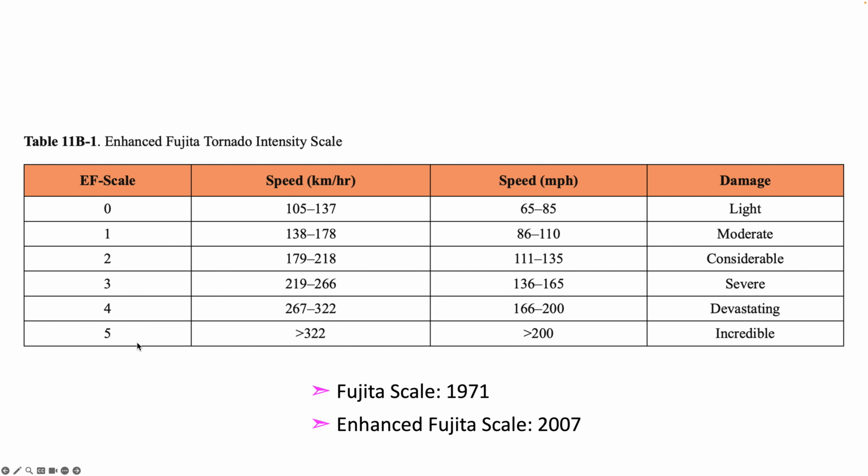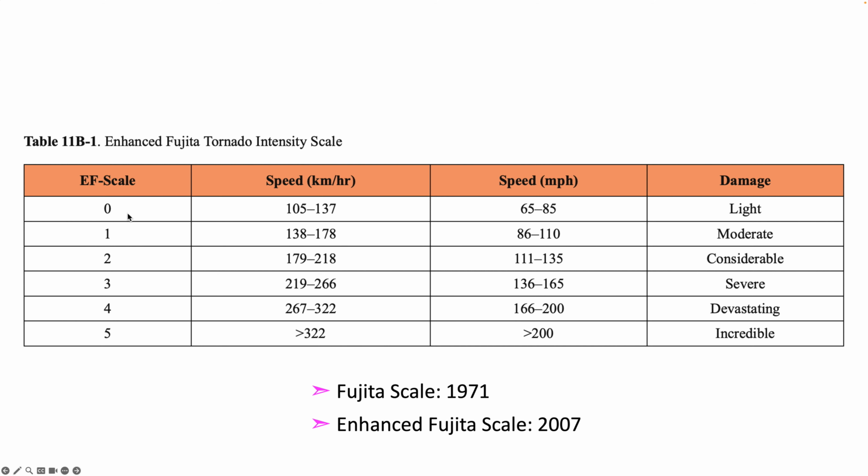So the Enhanced Fujita scale takes these wind speeds down a little bit. They still cause the same damage Fujita expected with his stronger winds. It's just that the wind speeds that cause that damage are not quite as high.